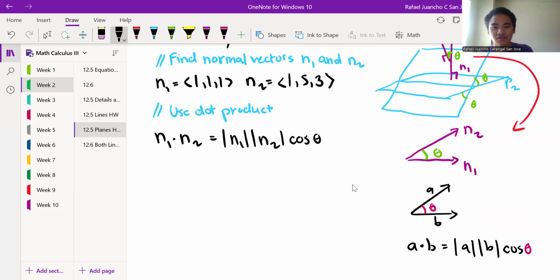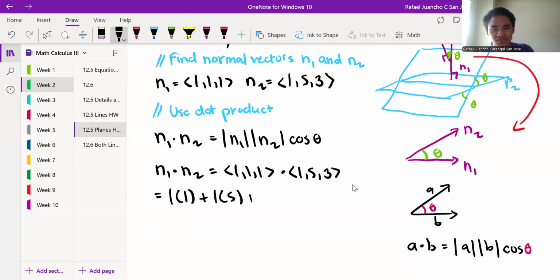So what is the dot product of n1 and n2? Well, that's just the two vectors that we have. So we have (1, 1, 1) times (1, 5, 3). And so this will give us 1 times 1 plus 1 times 5 plus 1 times 3, which is 1 plus 5 plus 3, which is 9. So that's that.